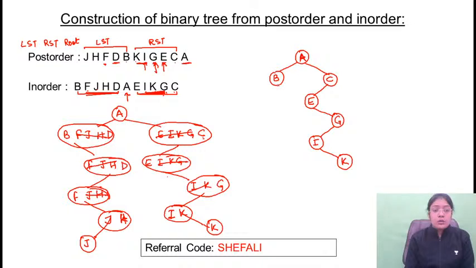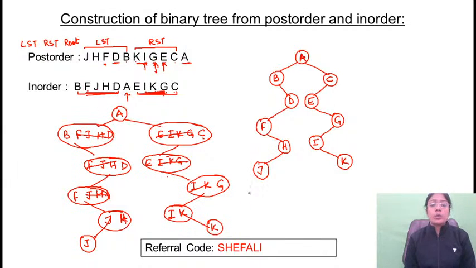So we got here D, F, H and J. For this we have to write the pre-order, because post-order and in-order was given to you.